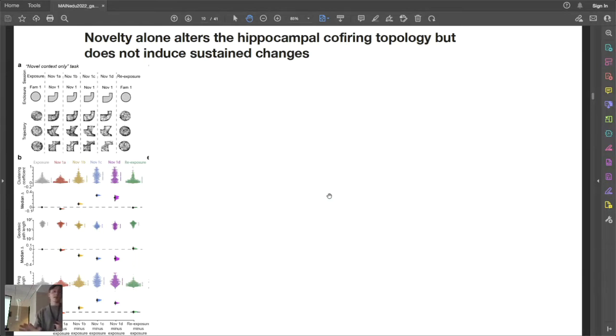And what we see is that the same co-firing dynamics are happening during the exploration and the novelty encoding in the task, right? But then they go back to baseline at the end.